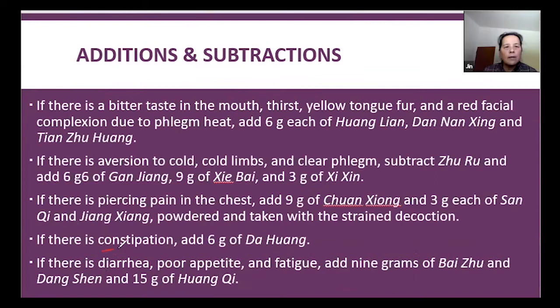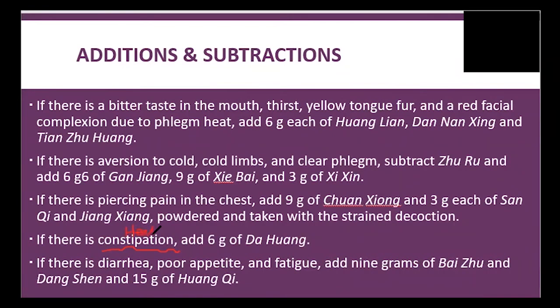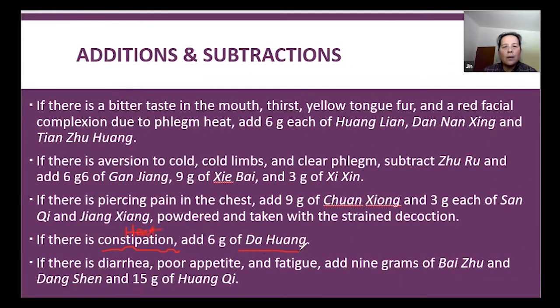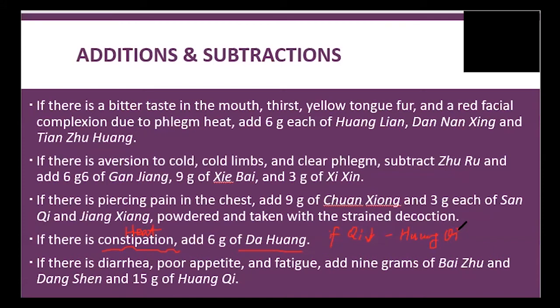We say constipation with heat inside, we add 大黄. If a qi deficiency condition causes the constipation, we add 黄芪 and 党参. Okay, thank you very much. You're welcome.